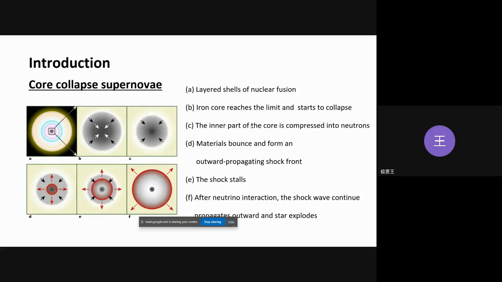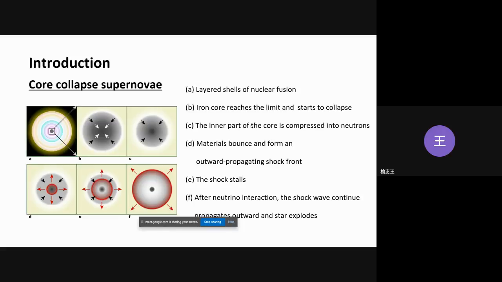So the core is supported only by the degeneracy pressure of electrons. When the core mass reaches the Chandrasekhar limit, the degeneracy pressure of electrons is not enough to resist the gravitational pressure, so it starts to collapse, like figure B.